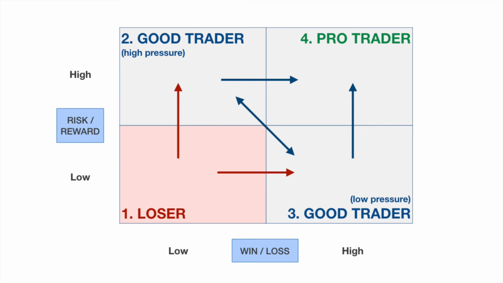But I'm sure that when you analyze all your past trades and your past performance, you realize that you either already moved between these categories at least once, or maybe you constantly move between them, because sometimes you prefer more risk and you take more risk, but you compromise the win-loss, or sometimes it's the opposite.